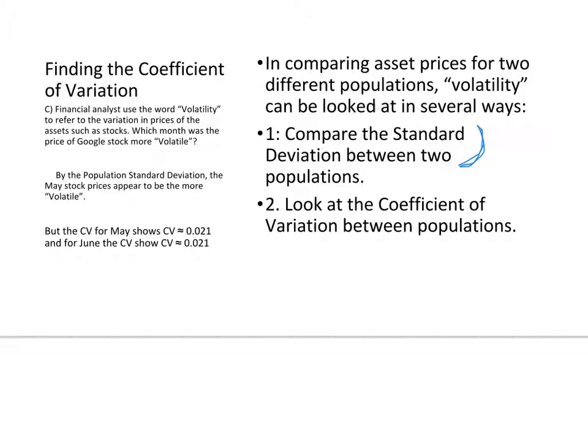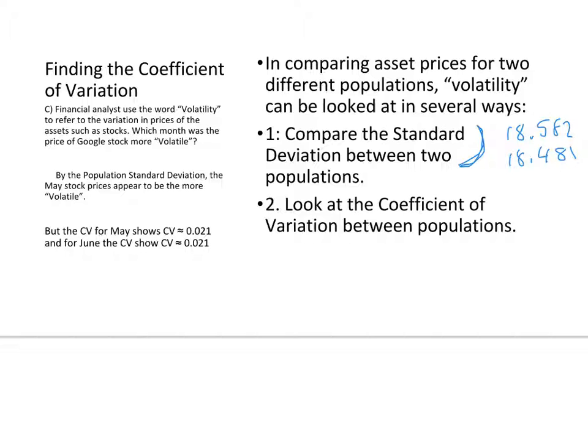In this case, we saw that for May, we had a population standard deviation of 18.582, whereas for June it is 18.481, I believe. In any case, you can see that May's asset prices are a little bit more volatile based on the standard deviation of the populations.